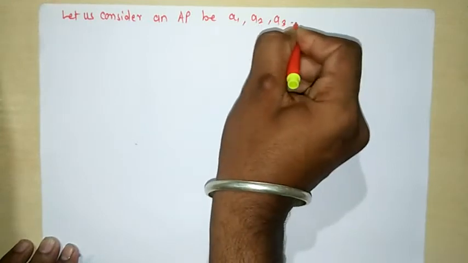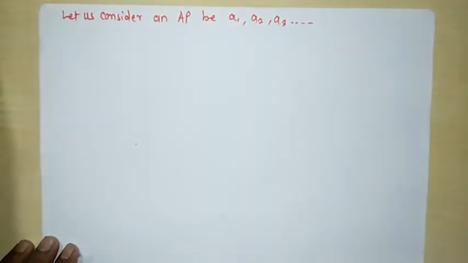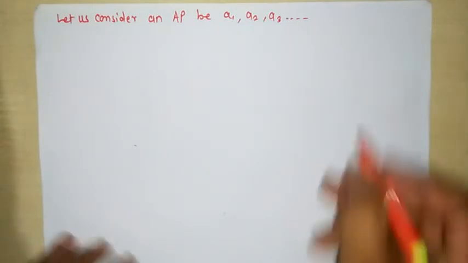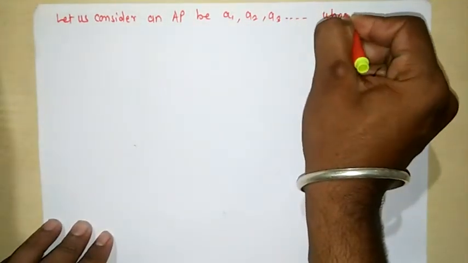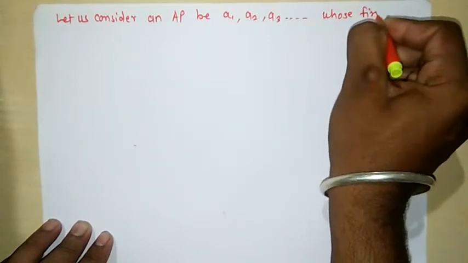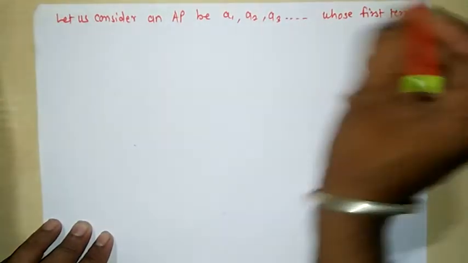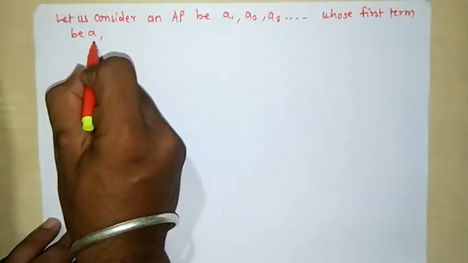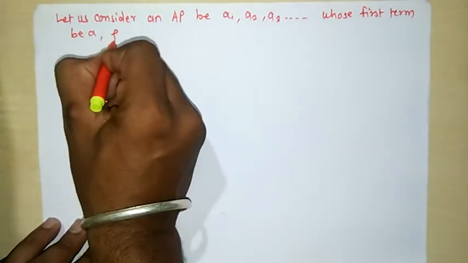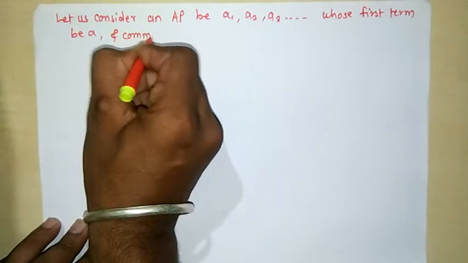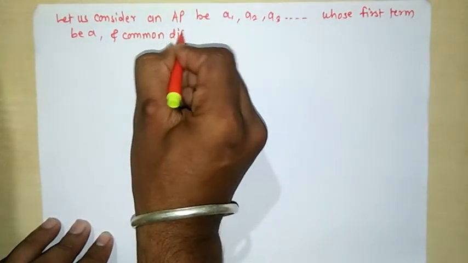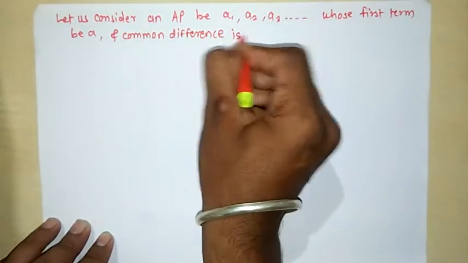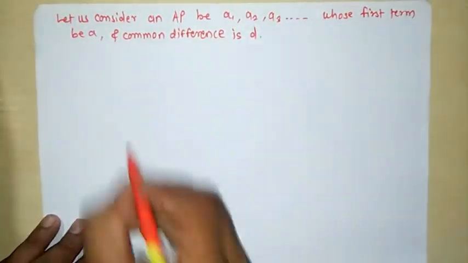These are the terms. Now, this is an arithmetic progression whose first term is A and common difference is D.